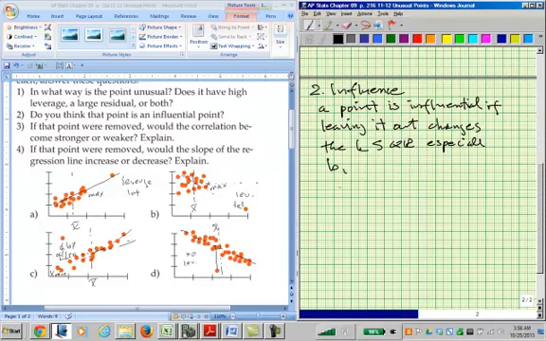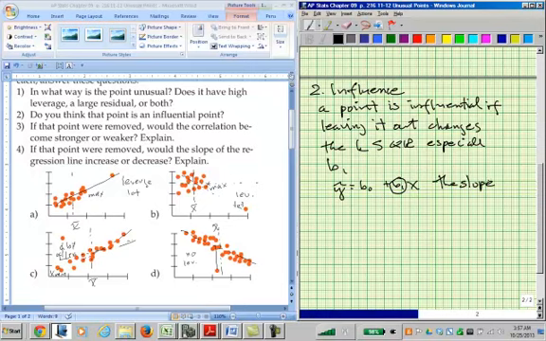Now remember, it's y hat equals B sub 0 plus B sub 1 times x. We're really interested in if the point changes B sub 1, the slope.